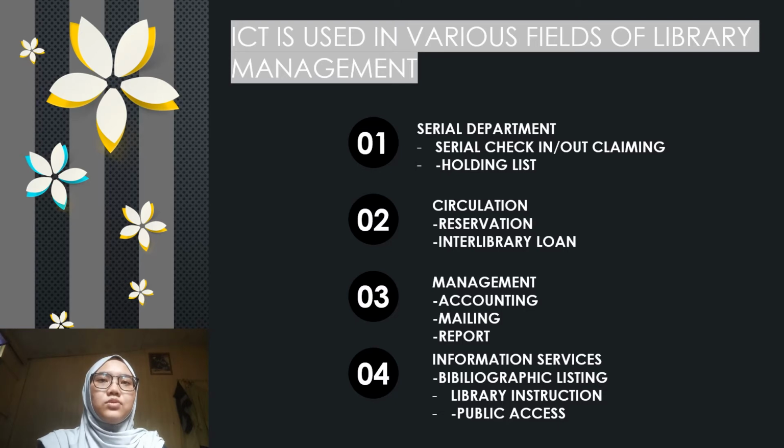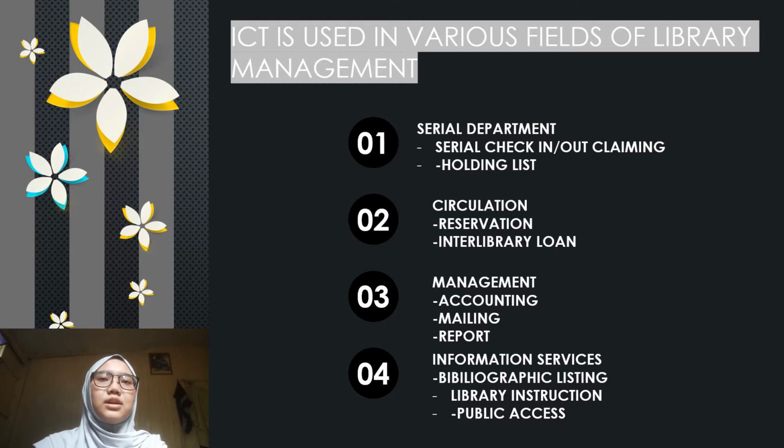Next, we go to circulation. Circulation means the activities around the lending of library books and other materials to users. Under circulation, we have reservation and also interlibrary loan. Thirdly is management.